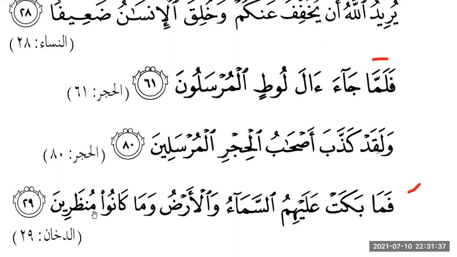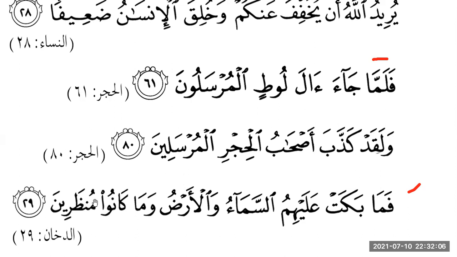Here the dha takes a fathah. The root word is nun dha ra. Mu is additional. Like musalin, whose root word is ra sin lam. So here the dha is the second letter and it takes a fathah, so this is a maf'ul, a passive verb. Mundarin means they were not given a respite, not given any delay, not given any time off.